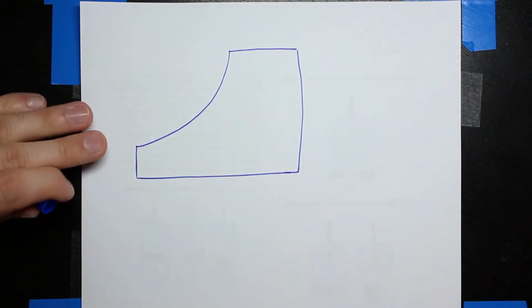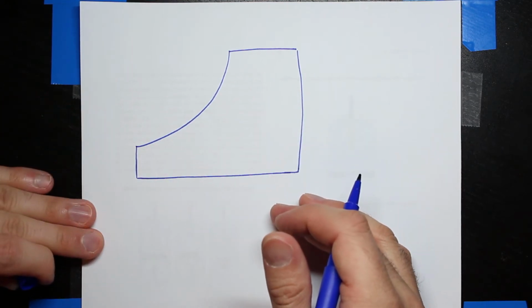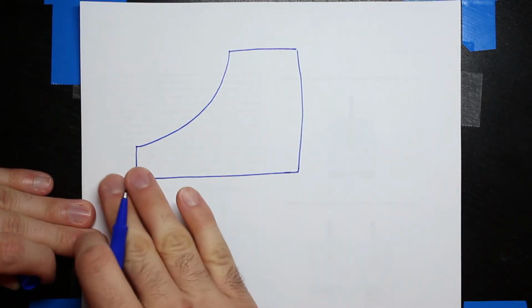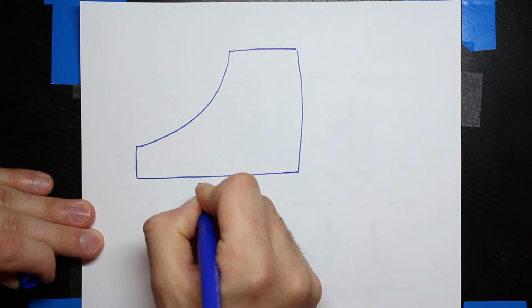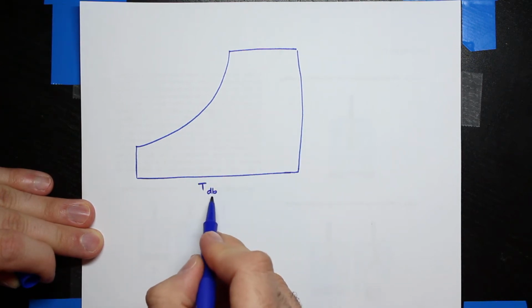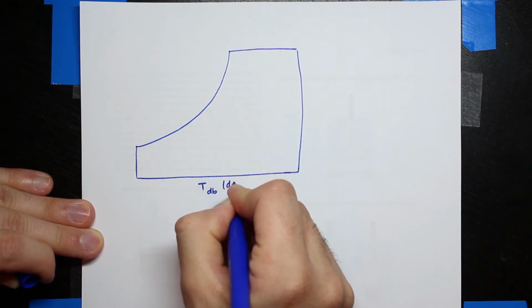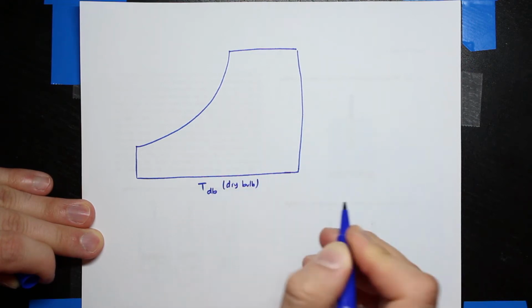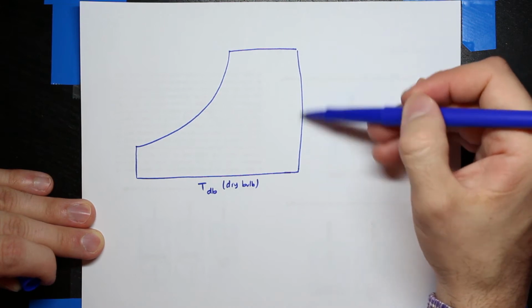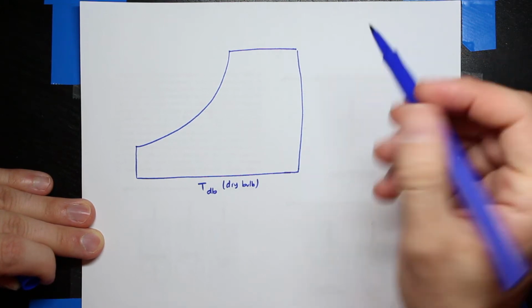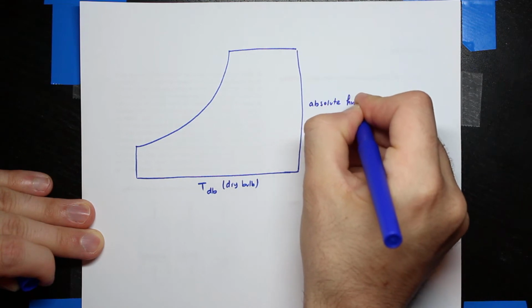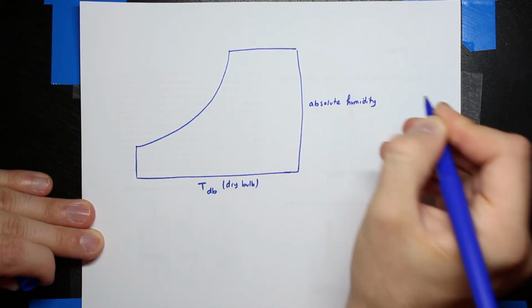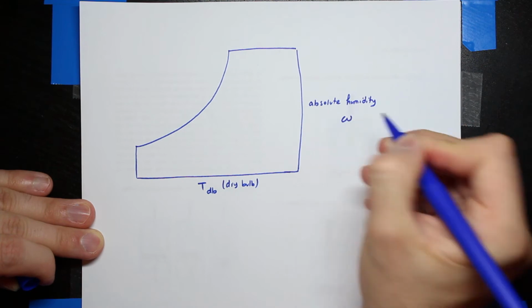Here in the horizontal axis, we have the dry bulb temperature, TDB. In the vertical axis on the right, we have the absolute humidity, or the other name is humidity ratio, and we show that with omega.